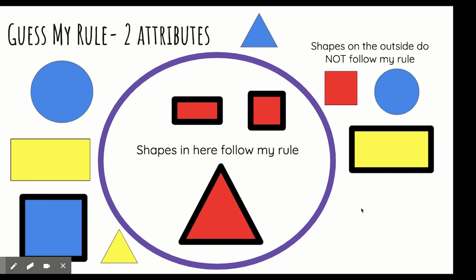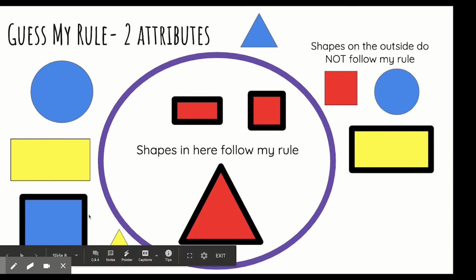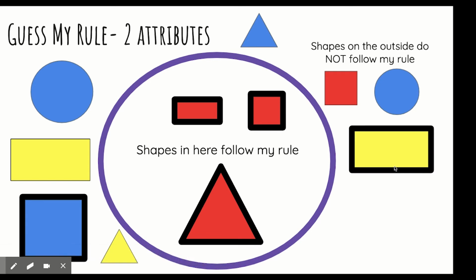There are some shapes that have thick lines outside the circle, but I couldn't put them inside because they were not red. Also, there is a red square on the outside of the circle, but I could not put it inside the circle because it did not have thick lines.